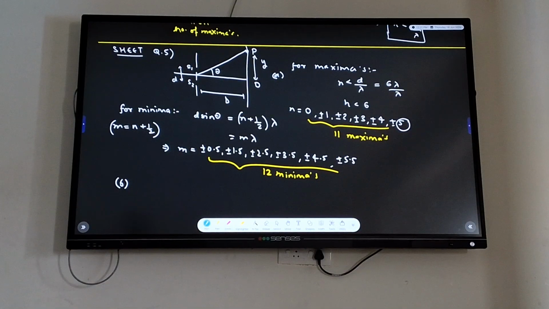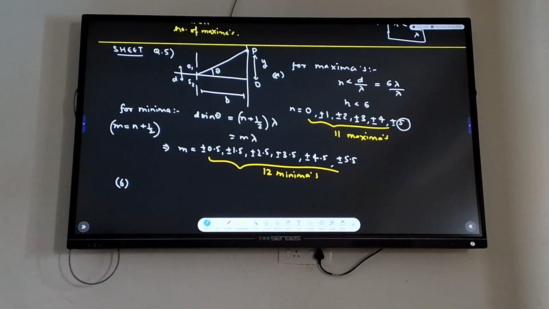D by 2 incorrect. When you are doing this plus minus d by 2 one, then you are assuming small angle. Check whether it is a small angle or a big one. Did you find theta? Check first before applying the formula.